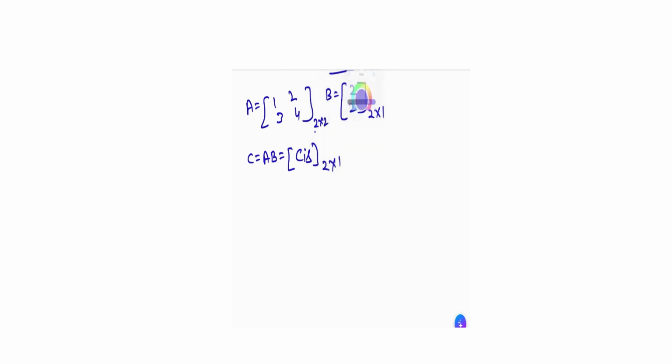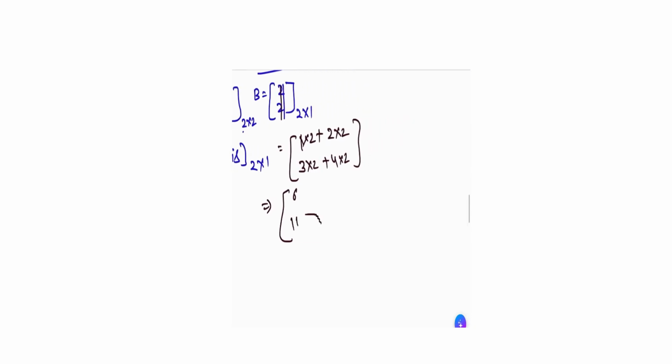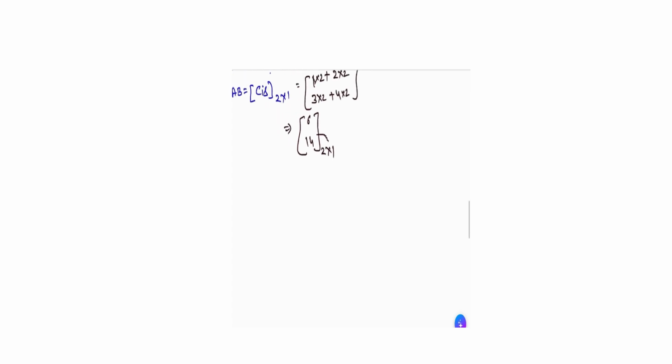We multiply row by column: 1 into 2 plus 2 into 2, and 3 into 2 plus 4 into 2, so C equals 6 and 14, of order 2 cross 1. This is an example of matrix multiplication.